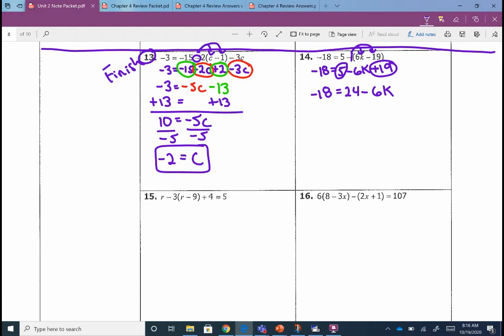I don't doubt everybody in this room can distribute. You guys can combine like terms. You guys can do all these things. The signs are throwing you off. All right, I need to move that 24. Right now it's positive, so we're going to subtract it.